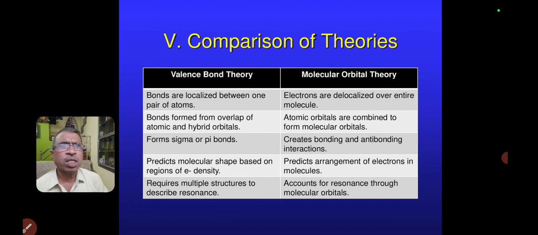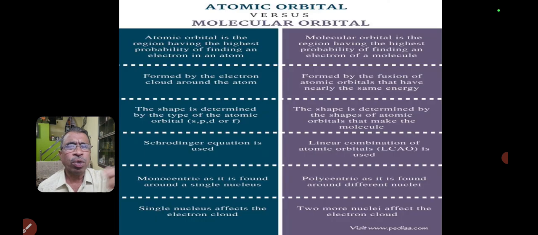So like this, the valence bond theory and molecular orbital theory comparison is given in this slide. This is also a slide that shows the comparison of valence bond theory and molecular orbital theory. Students, go through this comparison and try to note it down. This is a slide that shows the difference between atomic orbitals and molecular orbitals.